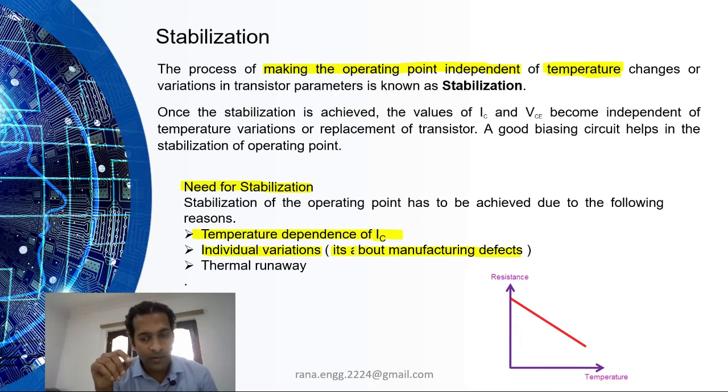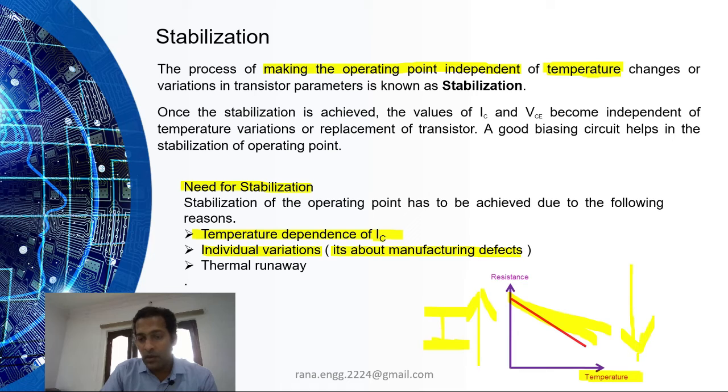What is thermal runaway? We will discuss it in the next slide. But the point in this slide is about temperature. You increase the temperature, more electrons are released, which means current goes up, because current is nothing but flow of electrons. Current goes up, that means resistance goes down. Here resistance is going down with an increase in temperature.